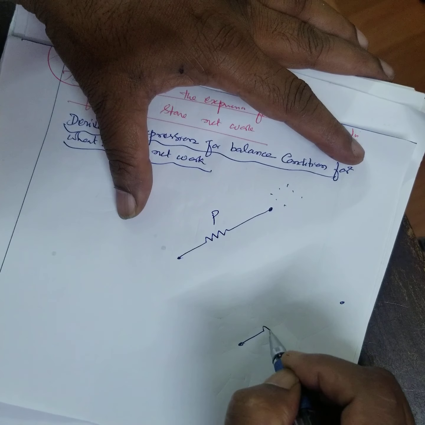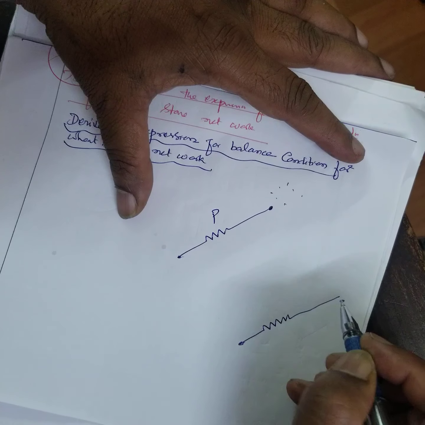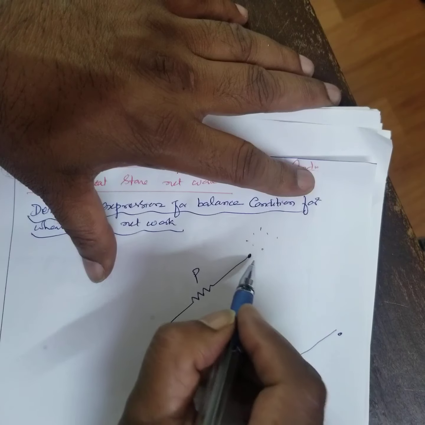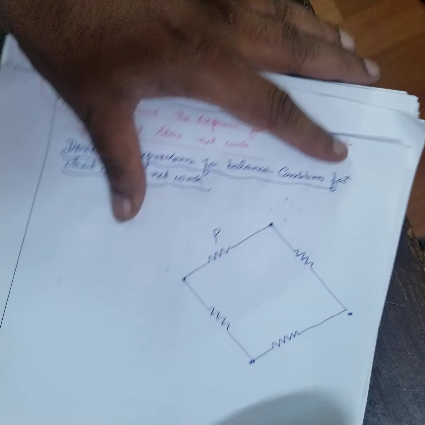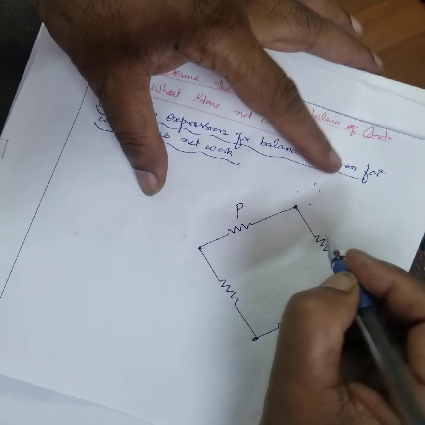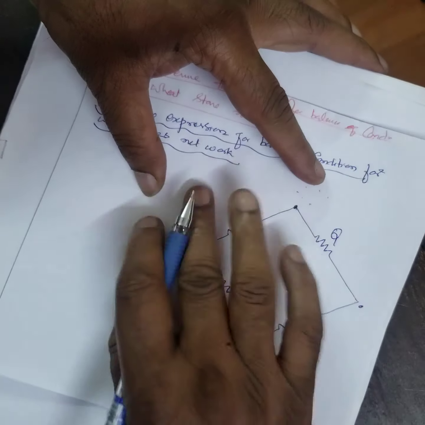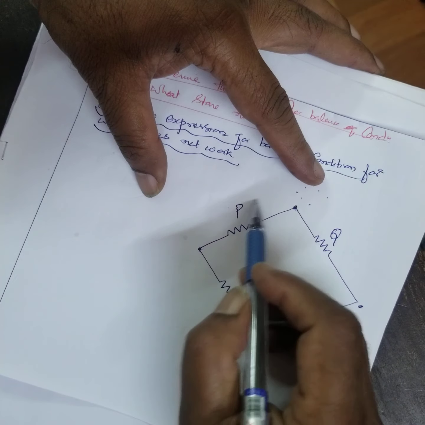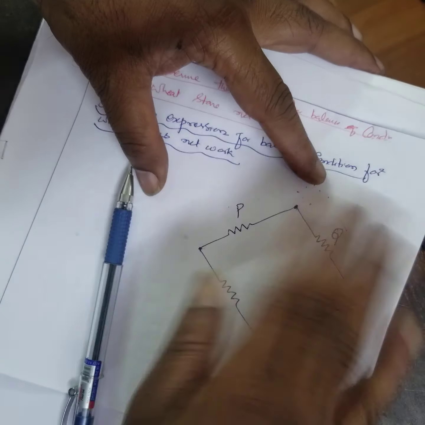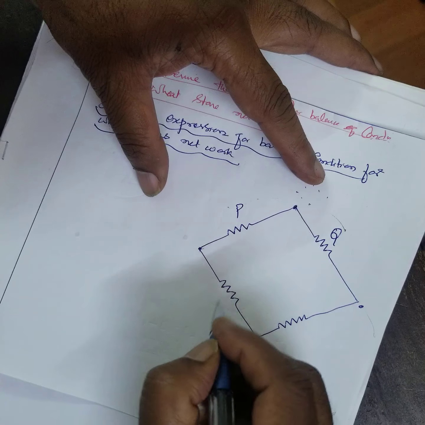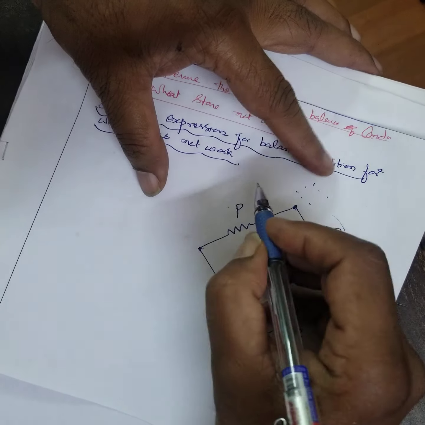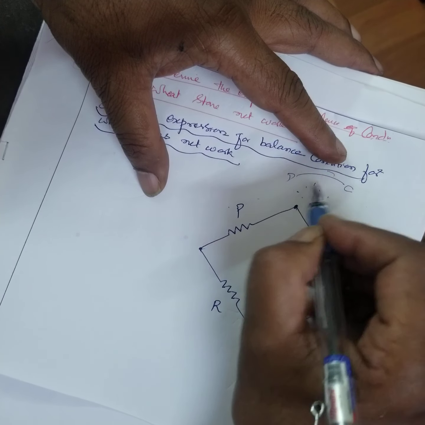I'll write four resistors: P, Q, R, S. PQRS.